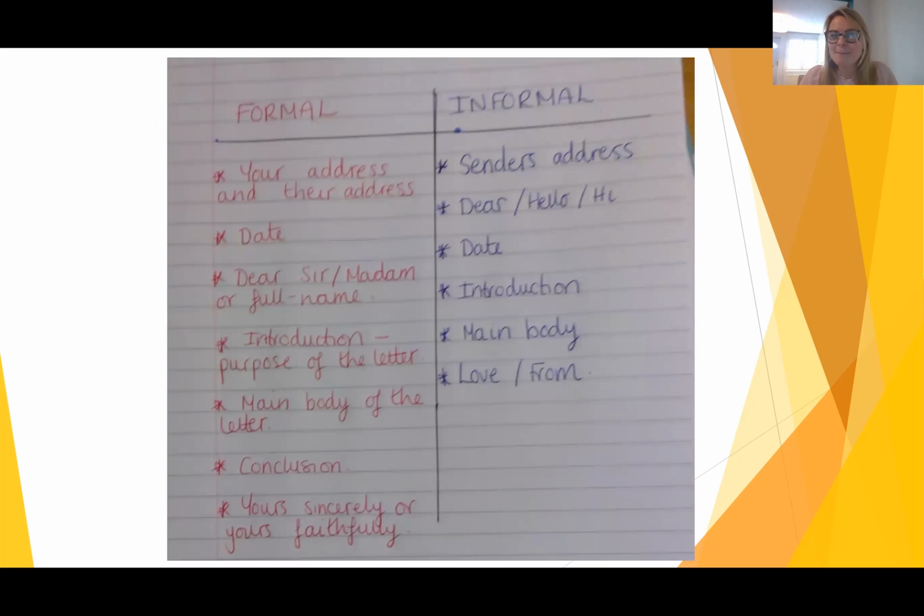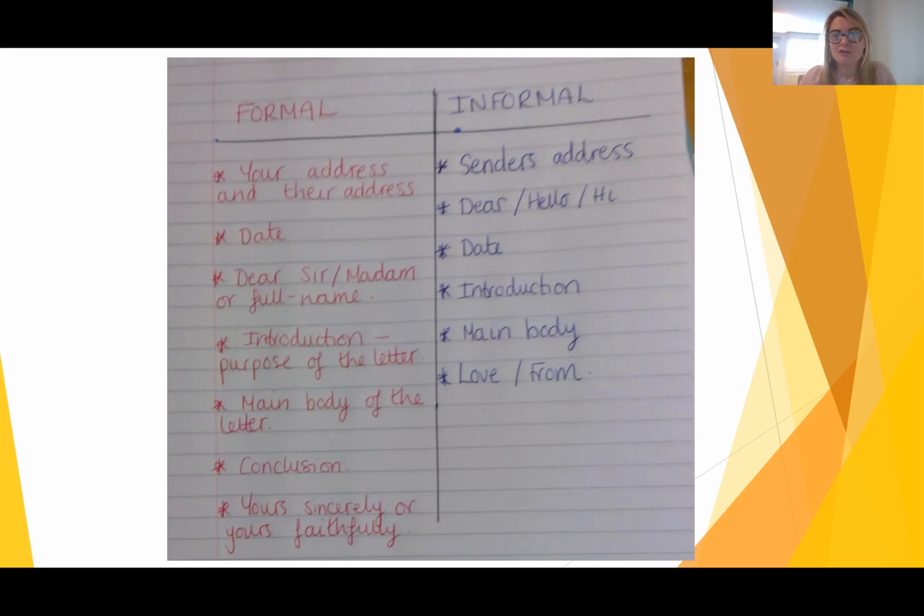So look, here's my list that I made. On my formal side, we've got that it has 2 addresses on a formal letter: your address, so the sender's address, and their address, so the receiver's address.